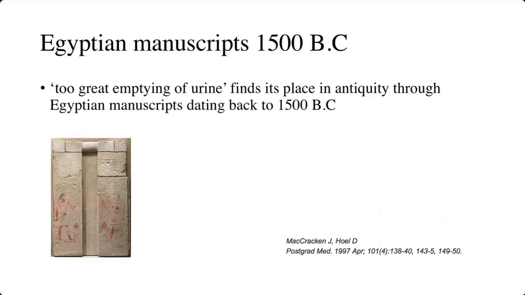From history, the first description of diabetes came from an Egyptian manuscript from 1500 BC, which described too great emptying of urine. That means the patient was getting polyuria.